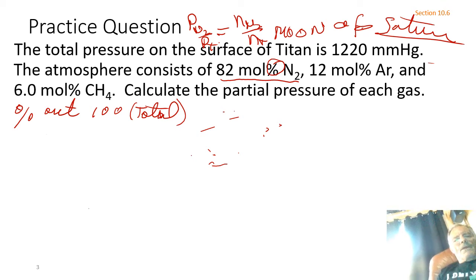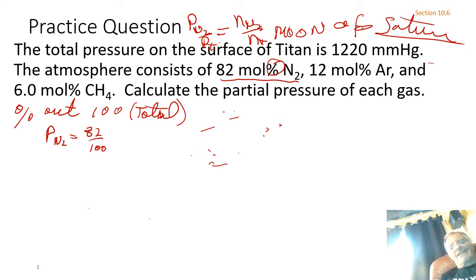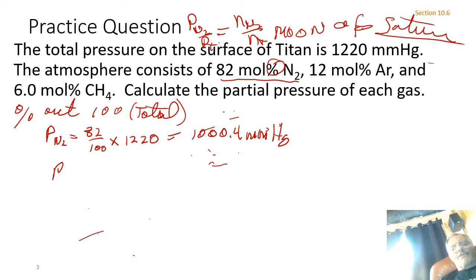So here we go. The partial pressure of nitrogen is going to be equal to the mole fraction of nitrogen, which is 82 divided by 100, that's NT, the total number of moles, times the total pressure, 1,220 millimeters of mercury, which is going to give us 1,000.4 millimeters of mercury. We're going to do the same thing for argon.